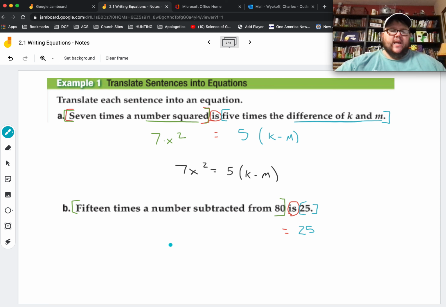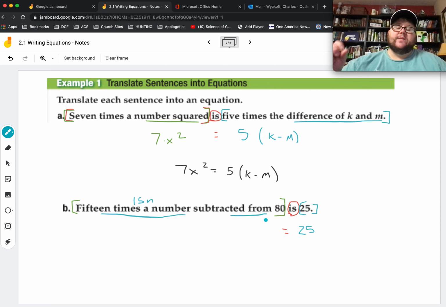So we're going to look at what we are doing over here. 15 times a number, we know that's 15n. We'll do n as our variable. You can choose whatever variable. Subtracted from 80. So it's not 80 being subtracted from the 15n. It's the 15n being subtracted from 80.